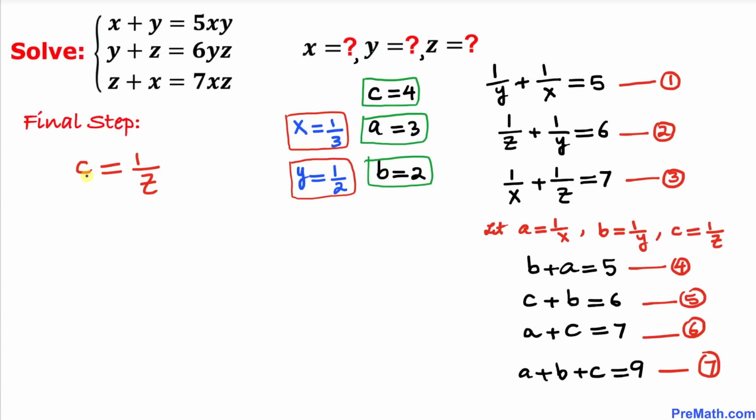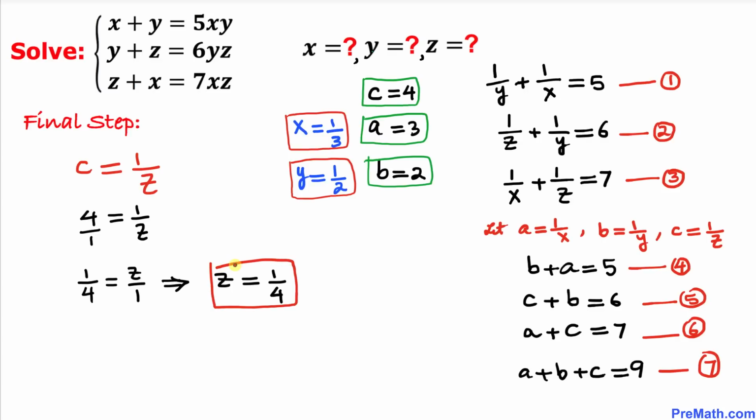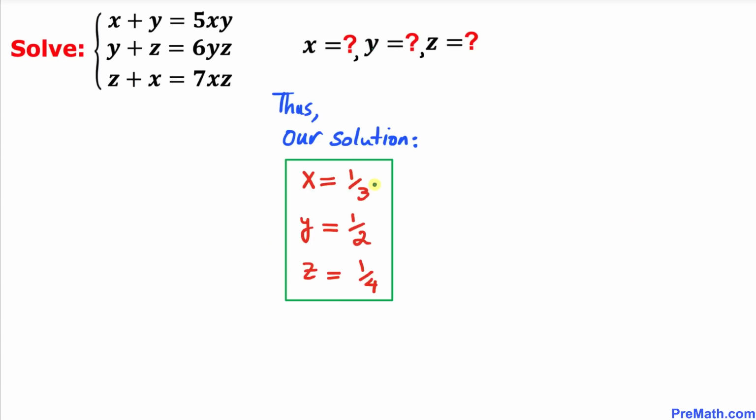And finally we know that c equals 1 over z, and our c value is 4. So let's go ahead and replace this c value by 4 equals 1 over z. So thus our z value turns out to be 1 over 4. So thus our solution turns out to be x equals 1 over 3, y equals 1 over 2, and z equals 1 over 4.